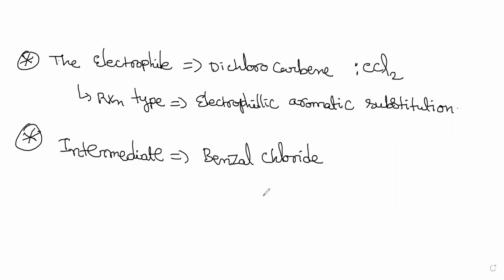The intermediate present in this reaction is called benzyl chloride. It looks like this: O minus Na plus, and CHCl2.